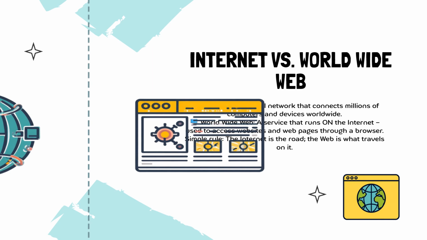Here's a simple analogy. Imagine that the internet is a system of roads. The web is like the things that travel using the roads. Without the roads, you cannot travel from one place to another. In the same way, the web depends on the internet to transfer information between computers and devices.